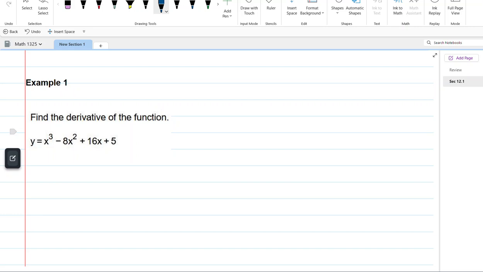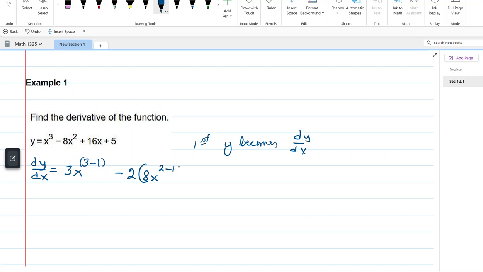First, announce the taking of a derivative for y. dy/dx equals 3x to the 3 minus 1, minus 2 times 8x to the 2 minus 1, plus 16x to the 1 minus 1, plus 0.